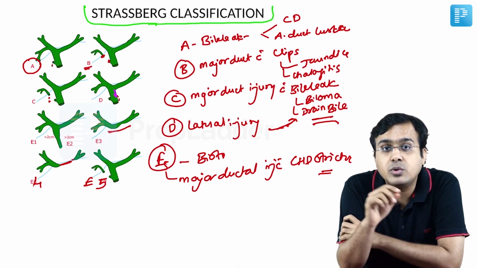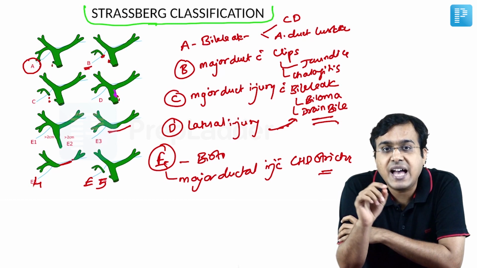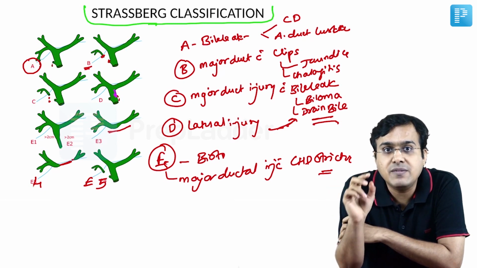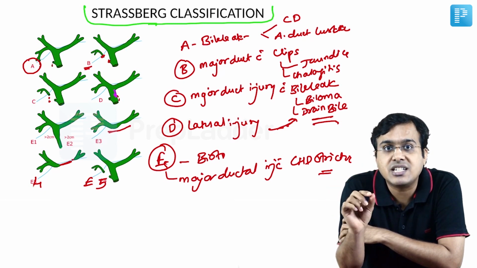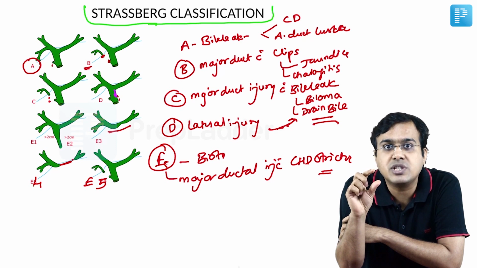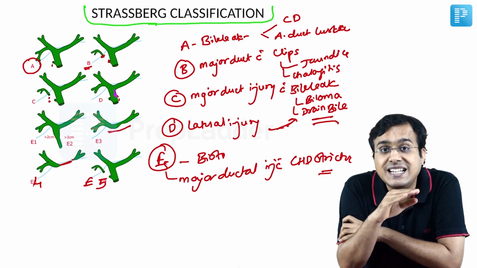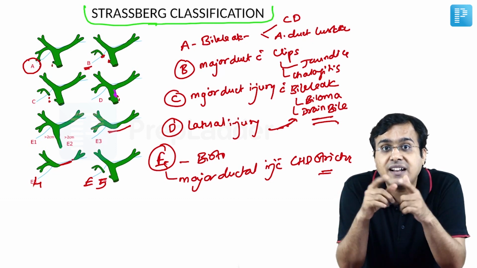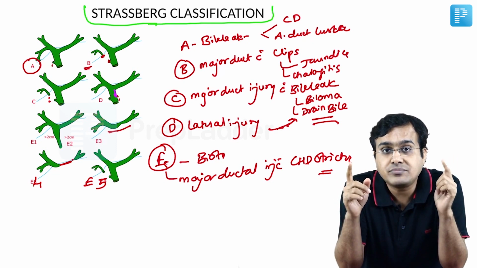Then type E1 to type E5 is the same as we see in Bismuth. Type E1 is common hepatic duct stricture which is more than 2 cm in length. E2 is common hepatic duct stricture which is less than 2 cm in length. E3 is common hepatic duct stricture exactly at the hilum, but right and left duct continuity is maintained.